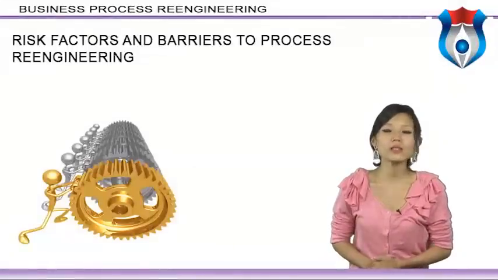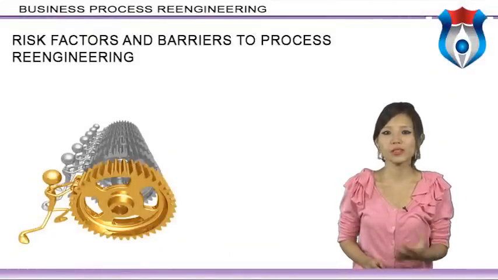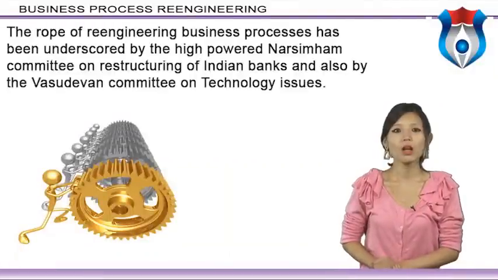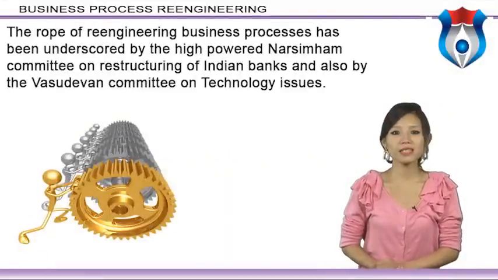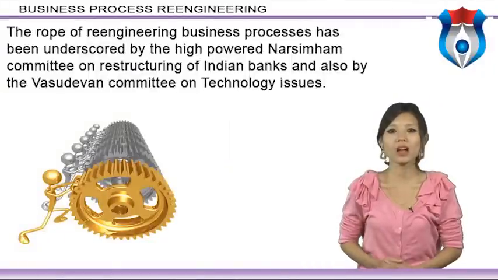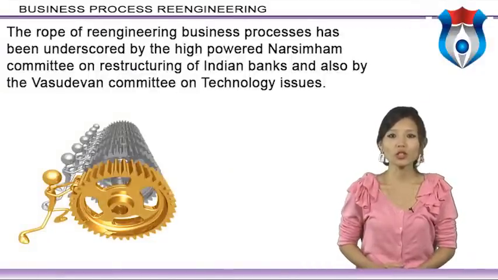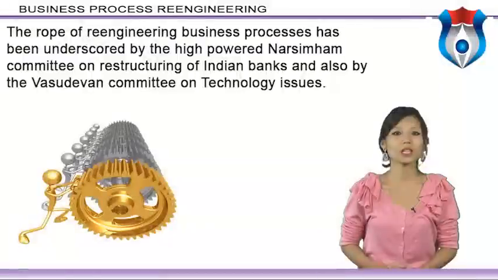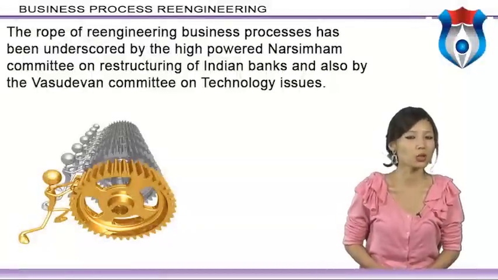Now let us discuss the risk factors and barriers to process reengineering. The role of reengineering business processes has been underscored by the high-powered Narasimham Committee on restructuring of Indian banks and also by the Vasudevan Committee on Technology Issues.